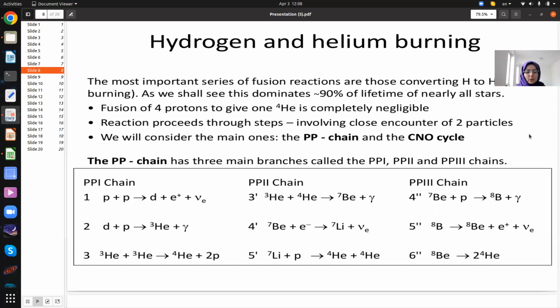Maybe you ask how we can know that we have a PP chain in our sun, for example, which PP chain is ongoing in the sun. We can measure the flux coming from the sun and then compare it with the binding energy.